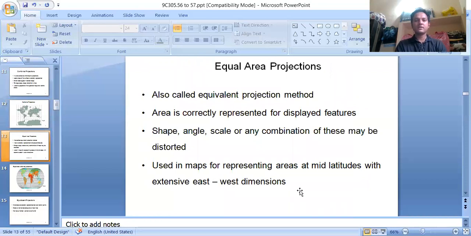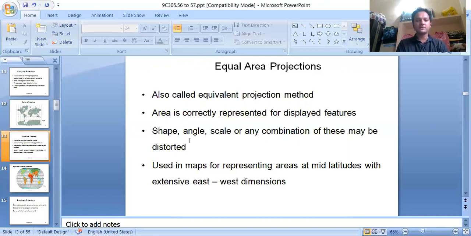Then equal area projections. These are also called equivalent projection method. Area is correctly represented for displayed features. In this equal area projection method, the area of the actual feature is correctly represented and displayed in the map. Shape, angle, scale, or any combination of these may be distorted. So if you observe, the area is the same for the actual feature and the map.